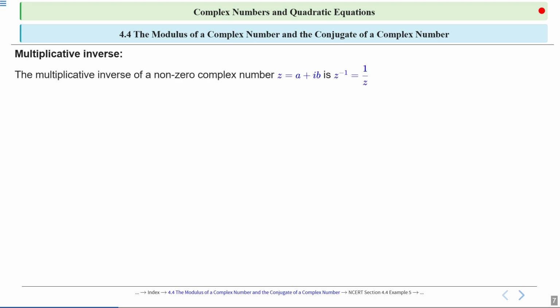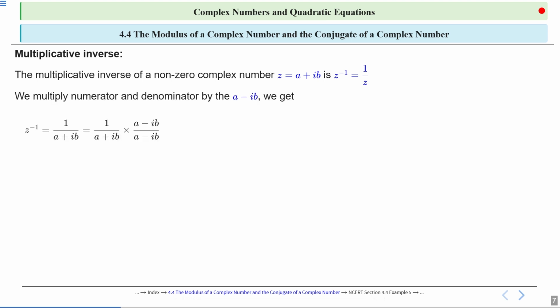So let's look at the definition. The multiplicative inverse of a non-zero complex number z, where z equals a plus iota times b, is written as z inverse, or z inverse equals 1 divided by z. So to actually find 1 divided by z, we need to get rid of the imaginary part in the denominator.